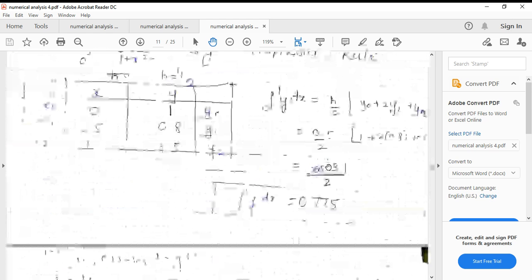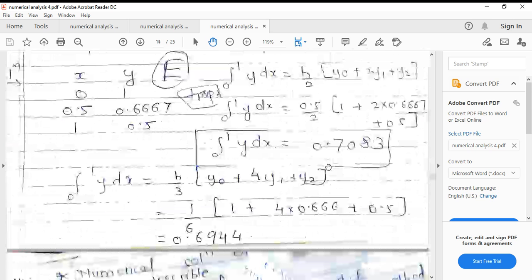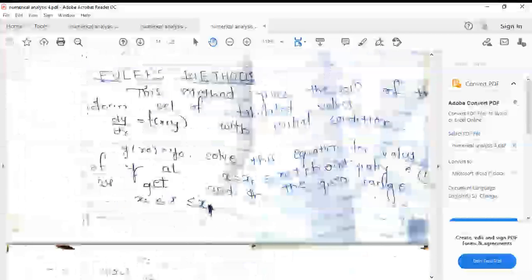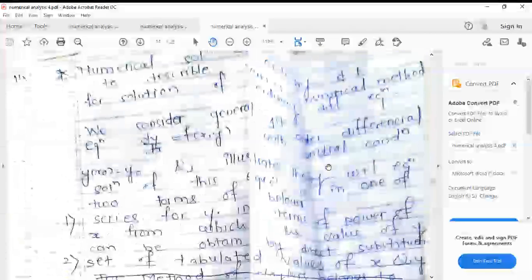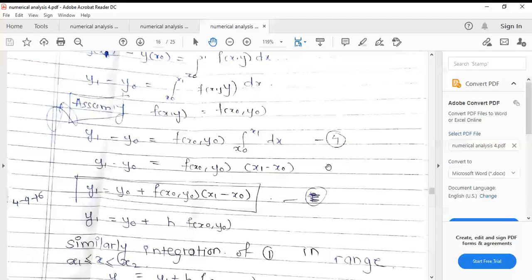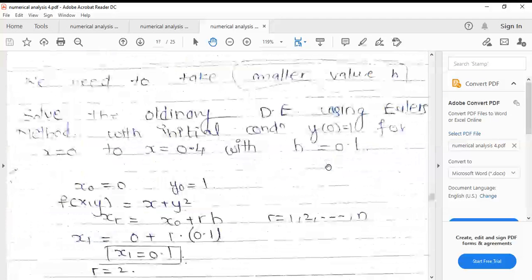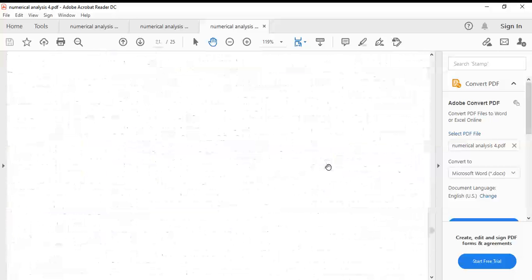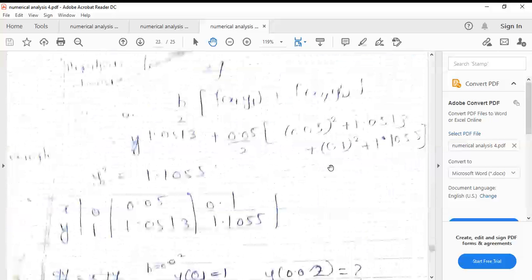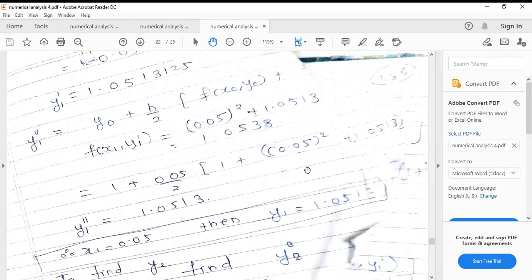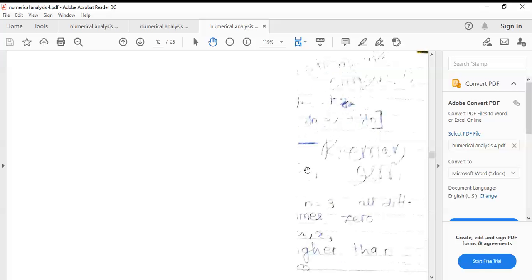And the last point, after Simpson 3/8 rule, is Euler's method, where you have to solve a differential equation with the help of a given condition, that is, if your initial values are provided. Okay. Similarly, we can go for Euler's modified method. And these are the things we are going to study in the third chapter.